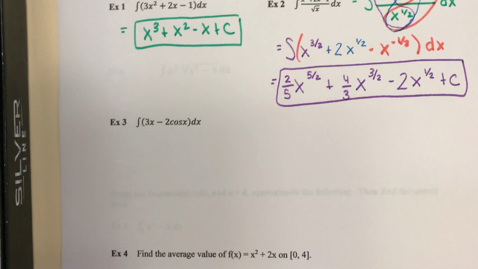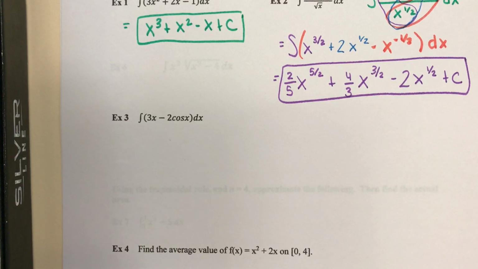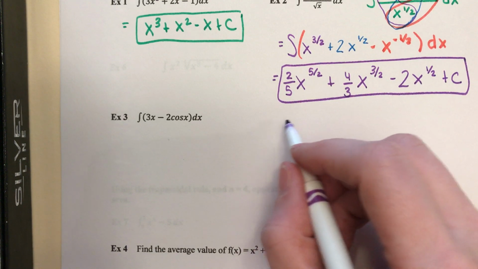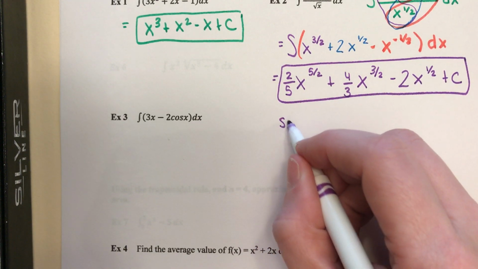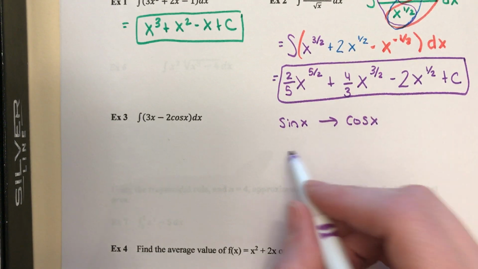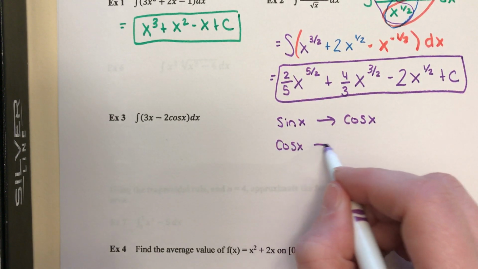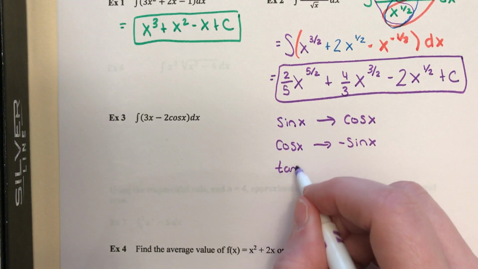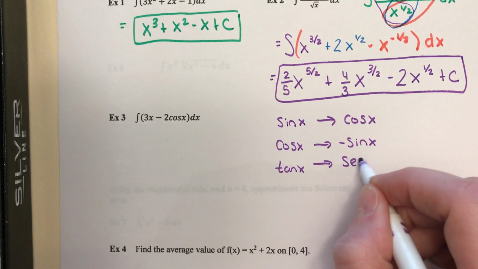Okay, now on to number 3. Before I do number 3, I'm just going to do a little review of our trig derivatives. We should remember that the derivative of sine is cosine. The derivative of cosine is negative sine. Tangent is secant squared.